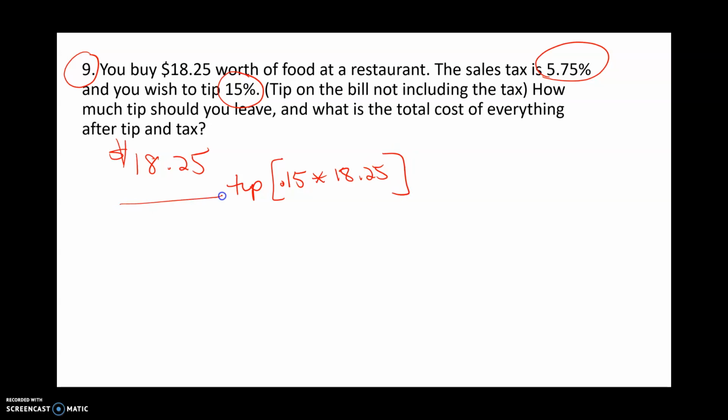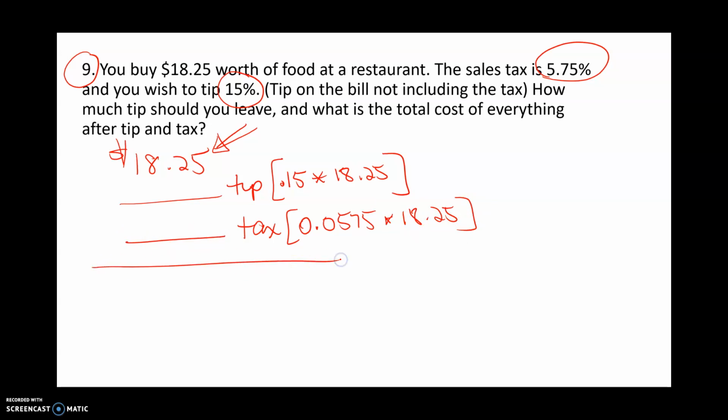The sales tax is on the total amount of the bill. So the tax is going to be 0.0575 times the bill, which I'm going to fill in there, and then we'll add it all up.